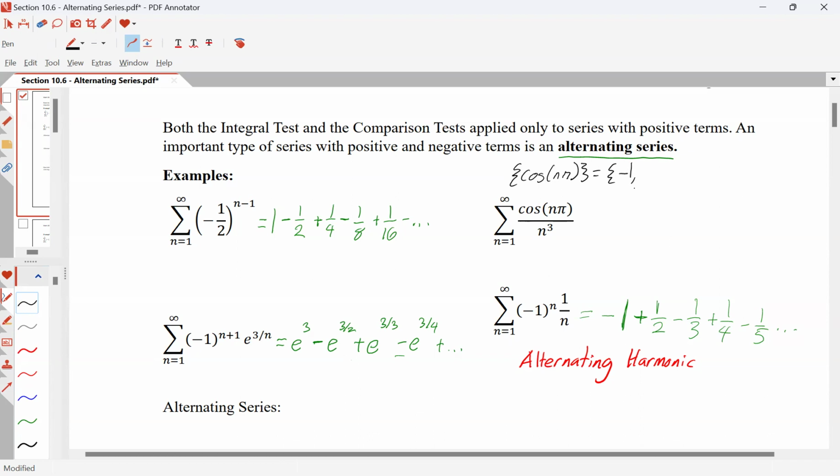When n is 2, we have cosine of 2 pi, which is a positive 1. When n is 3, we have cosine of 3 pi, negative 1. Maybe starting to see the pattern. Cosine n pi is the sequence that just switches back and forth between 1 and negative 1. This is the same as writing (-1)^n.